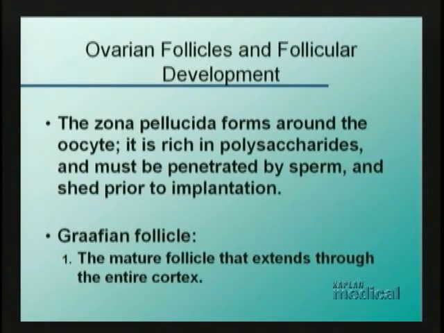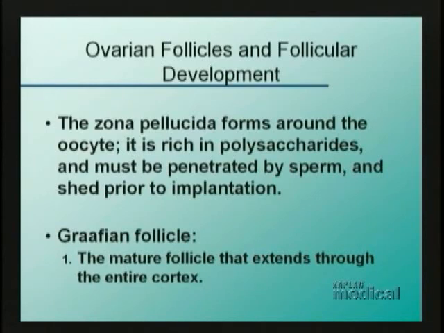When the secondary follicle develops, what forms around that secondary follicle is a zona pellucida. The zona pellucida is a glycoprotein polysaccharide-rich structure which must be penetrated by sperm and must be shed after fertilization occurs prior to implantation.